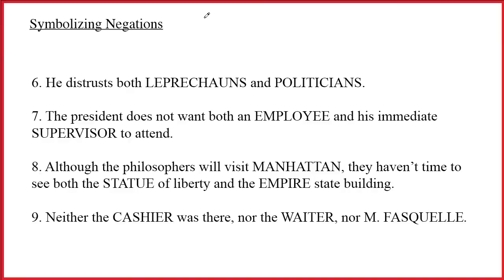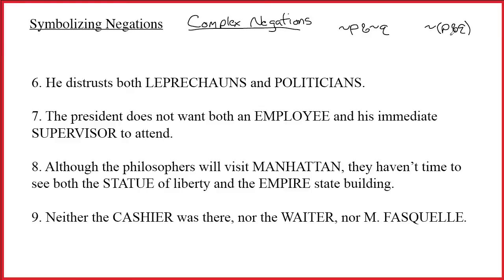All the sentences on this page are instances of what I refer to as complex negations. Complex negations are sentences that have multiple simple sentences, and the trick is to decide how many you have to negate. The basic idea here is to distinguish two patterns: tilde P ampersand tilde Q versus tilde, P ampersand Q in parentheses.